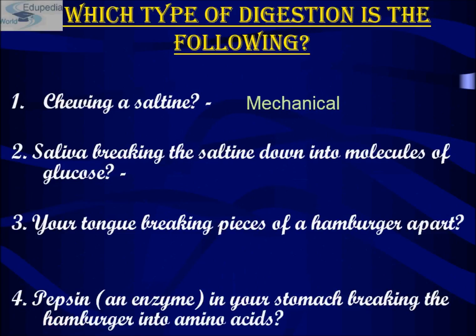So which type of digestion is the following? Chewing a cell time. I know, students, it's mechanical digestion, or you can say physical digestion. Okay, physical or mechanical digestion involves physically breaking the food into smaller pieces.